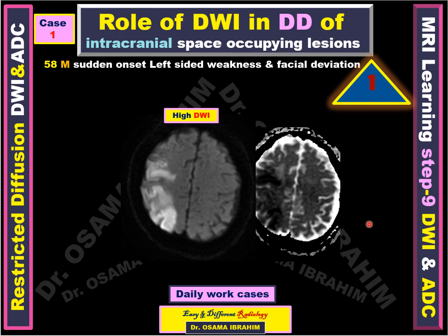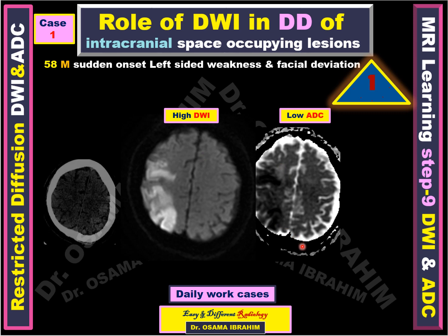Okay, now this diffusion has high signal in the right regions, which is representing the parieto-occipital regions or high parietal region, which also shows low signal in ADC map. So high parietal, high signal in diffusion weighted image, low signal in ADC map. Are there any restricted diffusion in this case? Yes, there is restricted diffusion because of high diffusion and low ADC map.